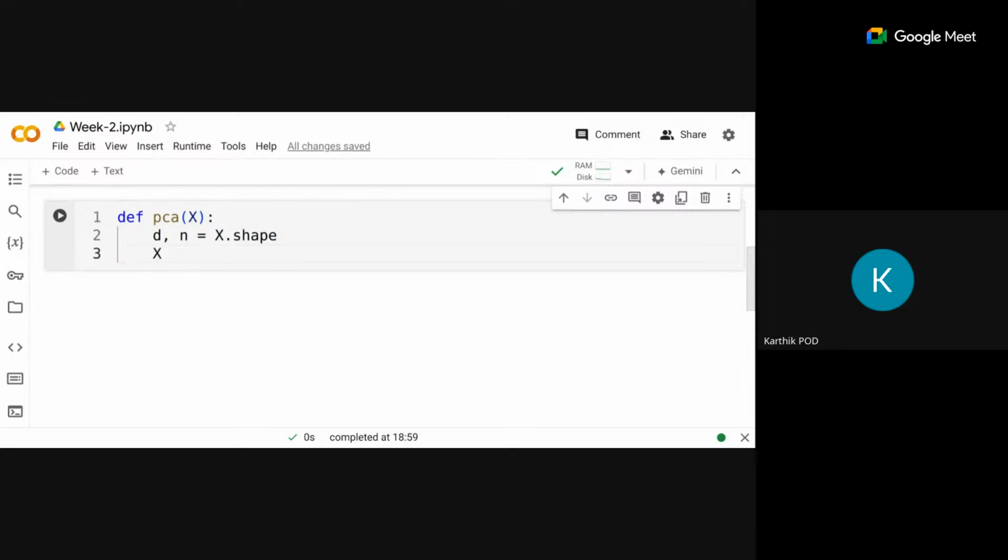Now you mean subtract. x dot mean will give you the mean of the data set along the columns, meaning the means of the columns of the data points. And it's a small thing you have to do to convert the mean into a vector.